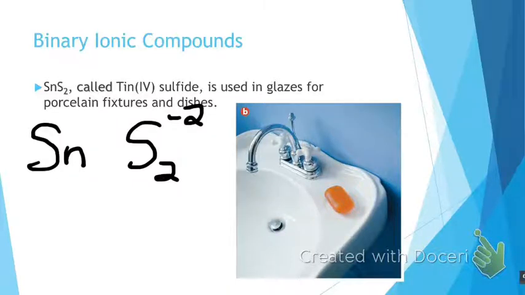I have 2 of those to give me a total of a -4 charge. Again, this has to be a neutral compound. Therefore, the charge on my tin must be 4 plus, and I'm going to write that using the stock method, tin Roman numeral 4 sulfide.